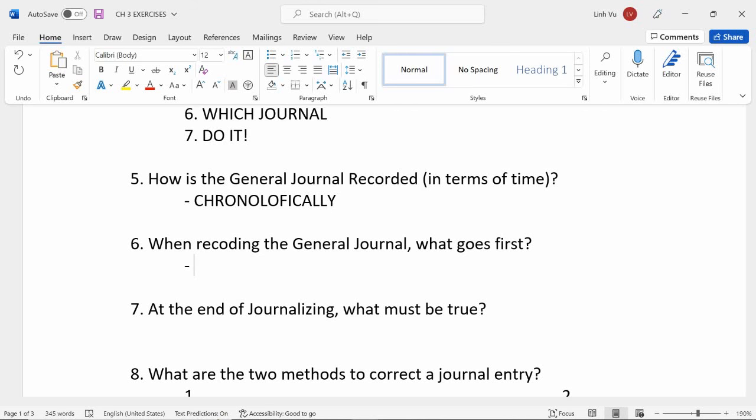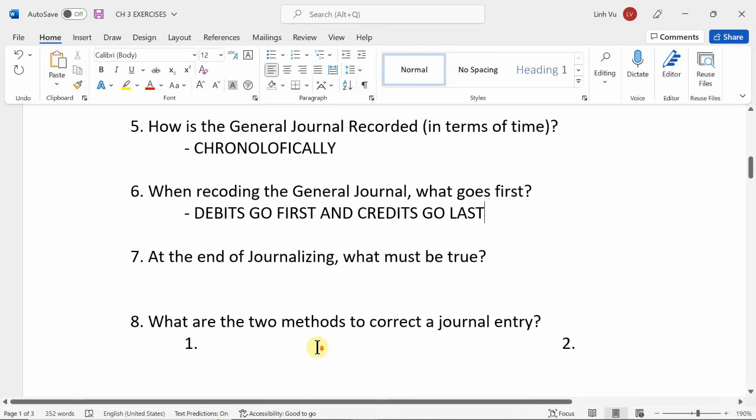When you're journalizing your accounts, which accounts go first? Your debits. Yes, your debit accounts will go first, and credit accounts go last.